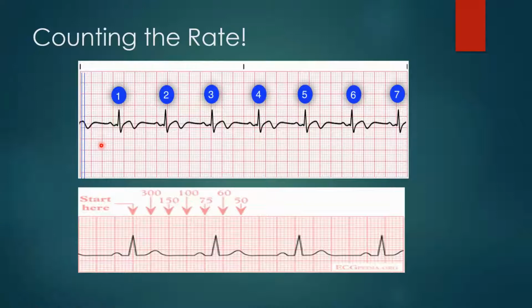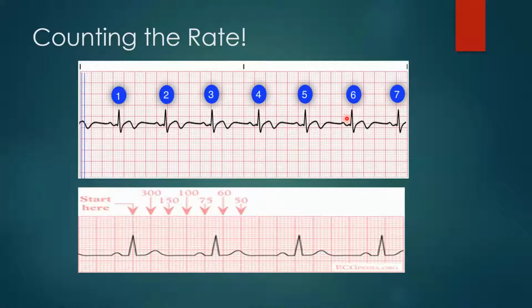You count the number of QRS complexes in this 6-second strip and multiply that number by 10. That gives you a rough estimate of 70 beats per minute. It's not exact, but it gives you a fairly good idea of the number of beats per minute.